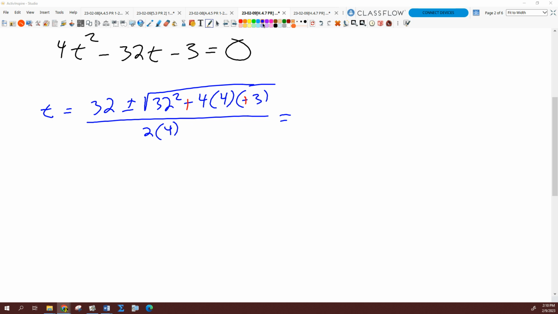So if we simplify, we get 32 plus or minus the square root of, oh boy, what's that going to be? 30 squared is 900. So you're going to add 30 plus 2 times 31 plus 32, so 92 plus 32 is 124.